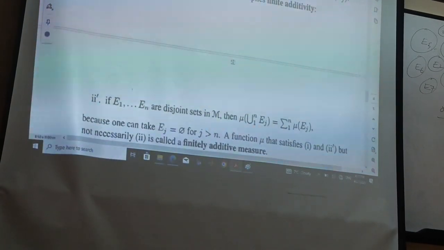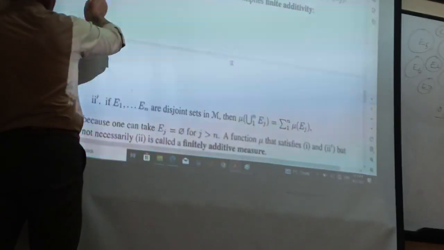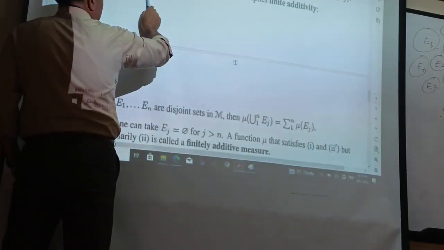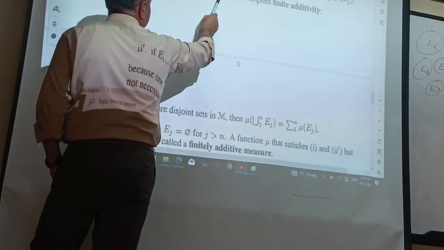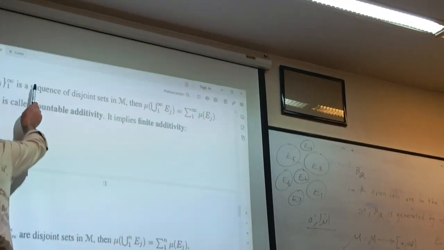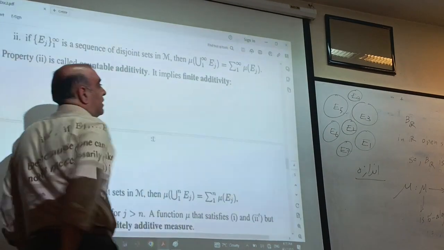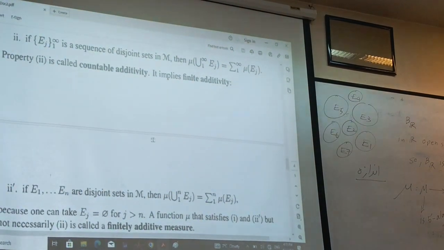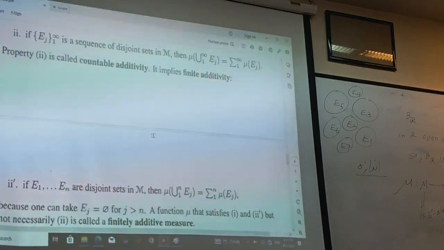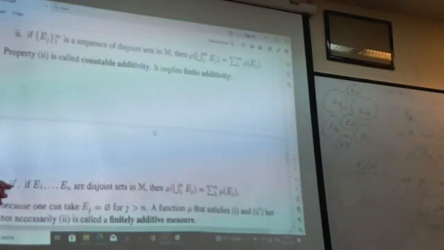This condition, property 2, is called countable additivity. From condition 2 we can conclude finite additivity.